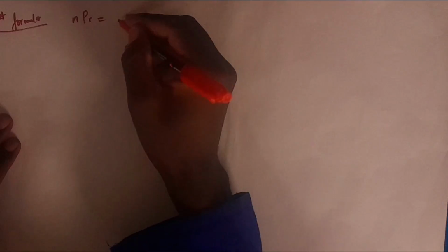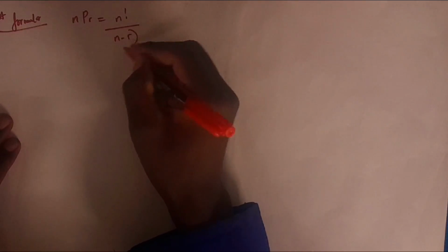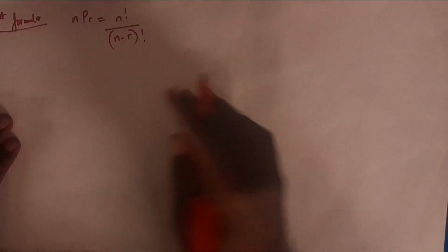Our first formula under permutations is nPr, which is equal to n factorial over (n minus r) factorial. So this is our first formula under permutations.